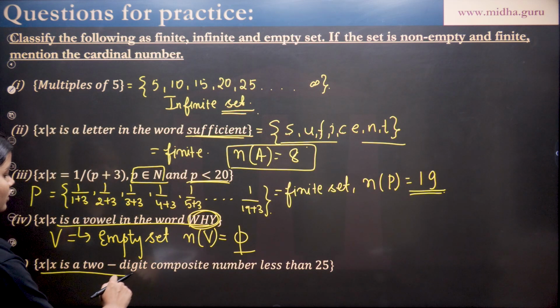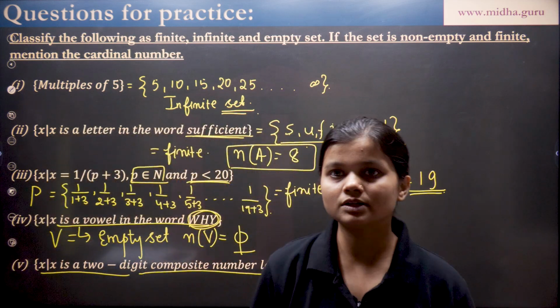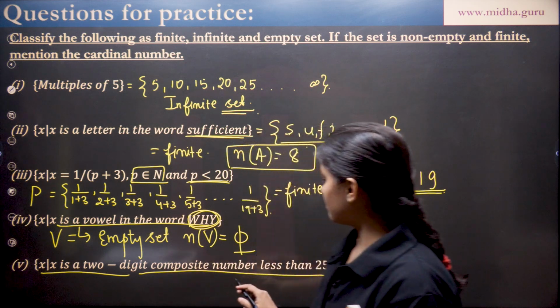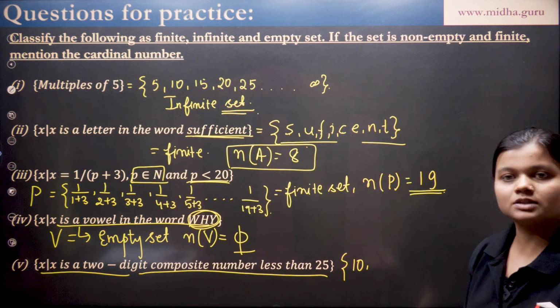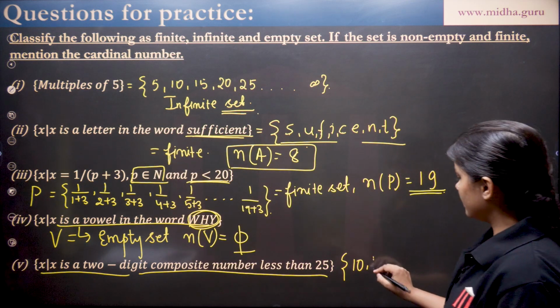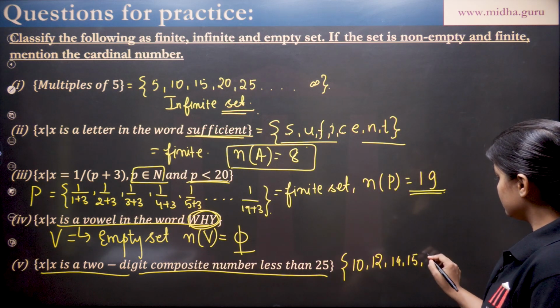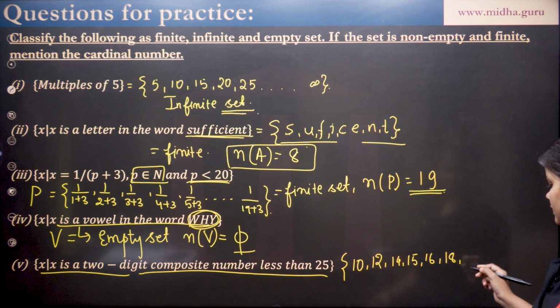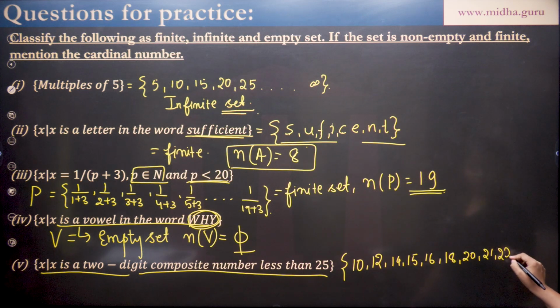Next is 2-digit composite numbers less than 25. Composite numbers are those numbers which have more than 2 factors, right? So let's write the set. 10 is a 2-digit composite number. 11 is not. 12. 13 is also not a composite number. 14. 15. 16. 17 is not a composite number. 18. 19 is also not a composite number. 20, 21, 22, 24 and 25.